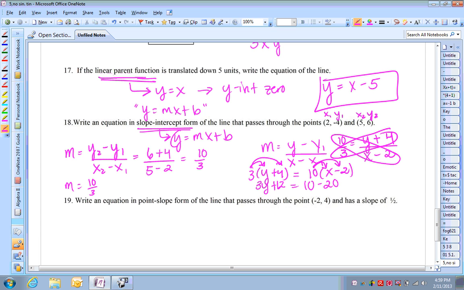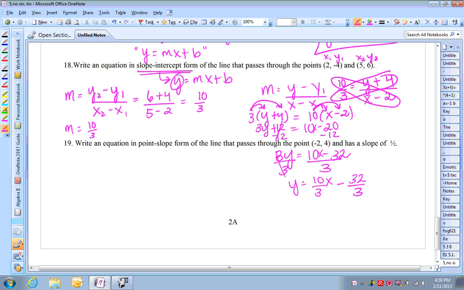Now in slope-intercept form, the y is by itself, so we need to get y by itself. So we subtract 12 from both sides, and you end up with 3y equals 10x minus 32. Then we divide everything by 3, and you end up with y equals 10 over 3 x minus 32 over 3.